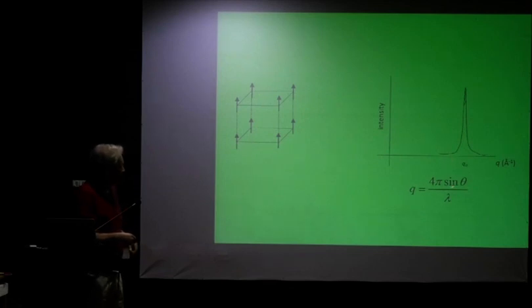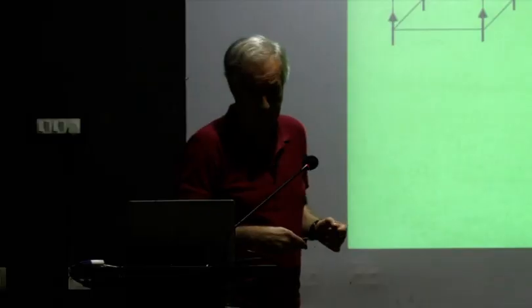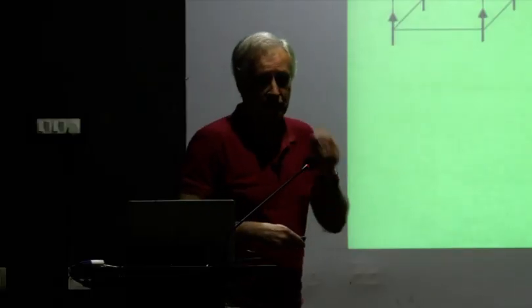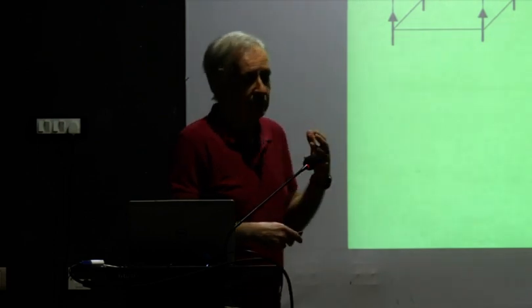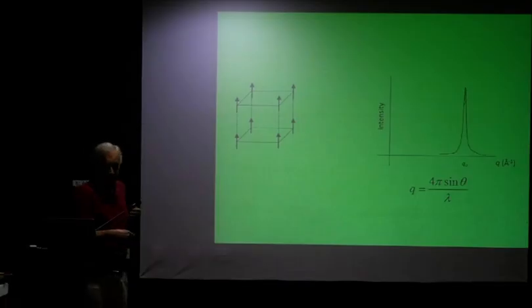They're related with this relationship over the neutron wavelength, lambda, and the diffracting angle. We have a peak at a certain Q value. Now this peak consists of two additive parts. One is the diffraction associated with the structure.